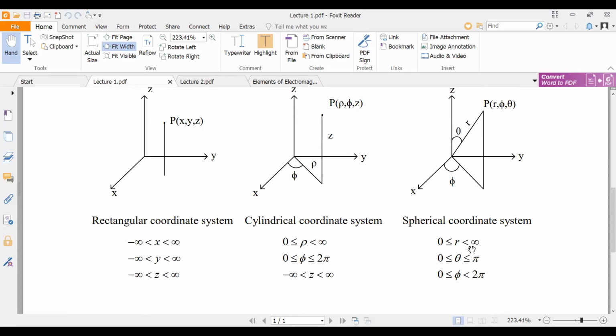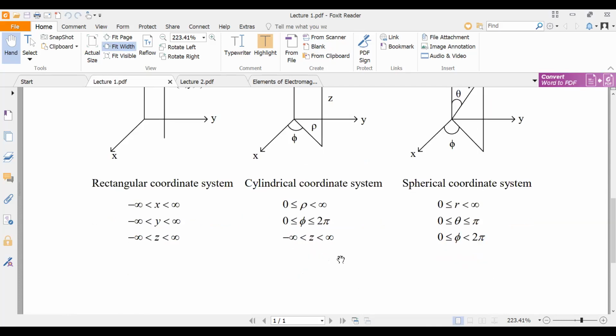But for cylindrical and spherical, rho can go from 0 to infinity and phi can go from 0 to 2 pi, and r can go from 0 to infinity and theta can go from 0 to pi. Here z is the same as your rectangular coordinate z, and here phi is the same as your cylindrical coordinate phi.